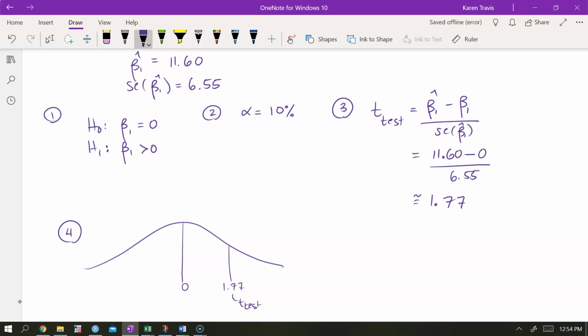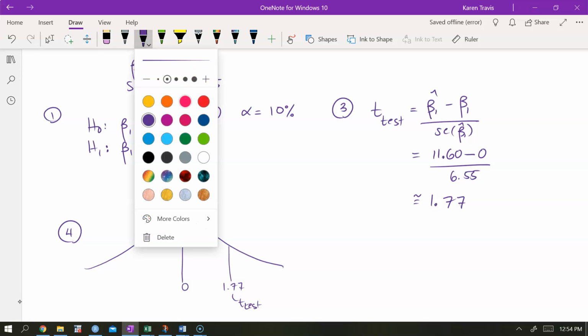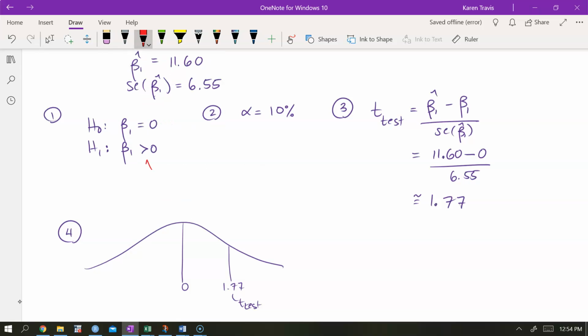So in our model, if it's a 10% level of significance, but if we have a greater than right here, that means our whole level of significance is on one side.